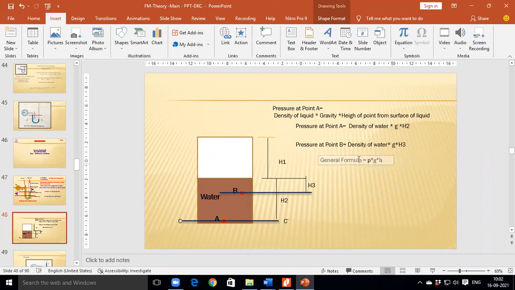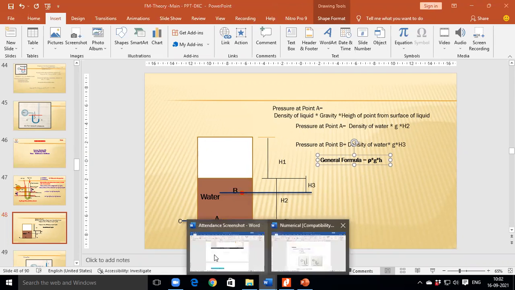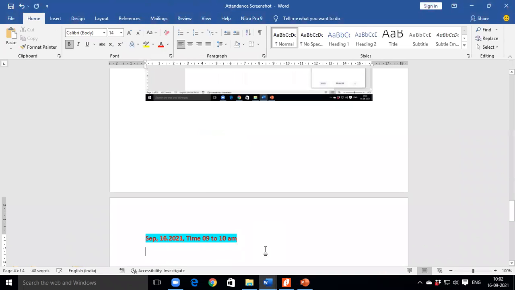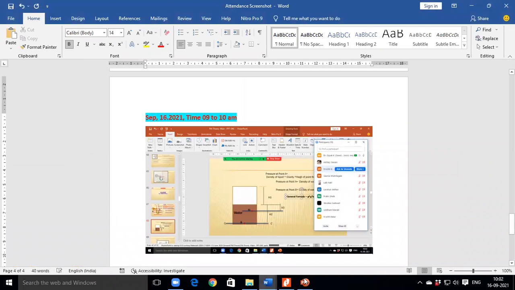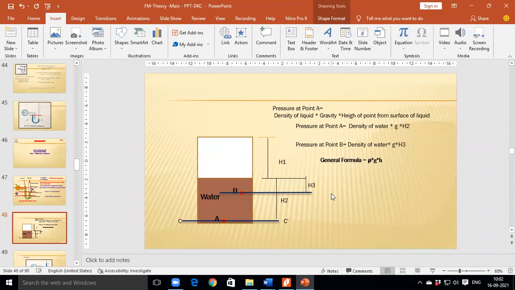Is it clear? Is it understood? What is the general formula to determine the pressure at that point? Yes, sir. Rho into G into H.